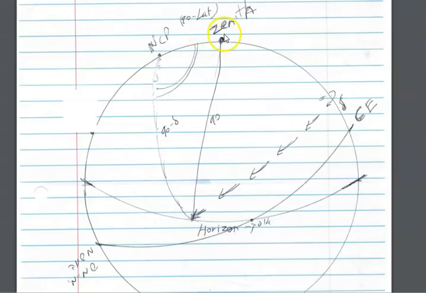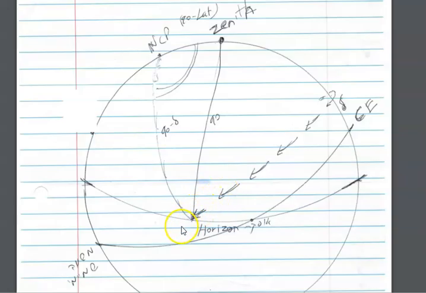Next, here we have the sun traveling at a certain declination. Let's say it's 20 degrees, or any star for that matter. This star reaches the highest point, called culmination, and then goes all the way till it sets here.